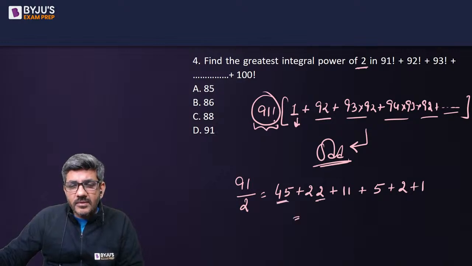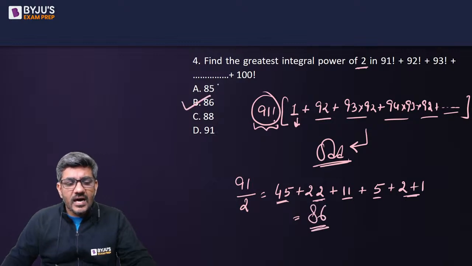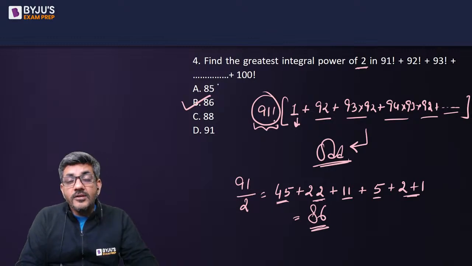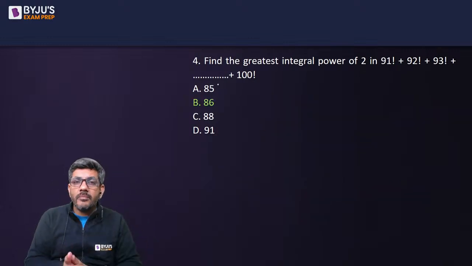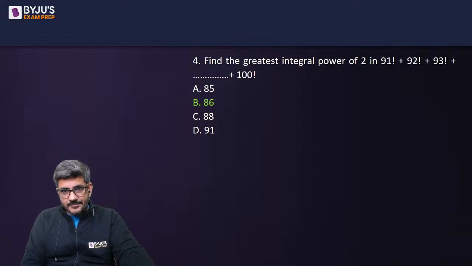So add all of them, it is 67, 78, 83 plus 3, 86. So yes, 86 is the highest power of 2 in 91 factorial. And as I said, क्योंकि 91 factorial के आगे सारा का सारा नंबर आपका odd है, that will not be having any power of 2. My answer is option B, that is 86.